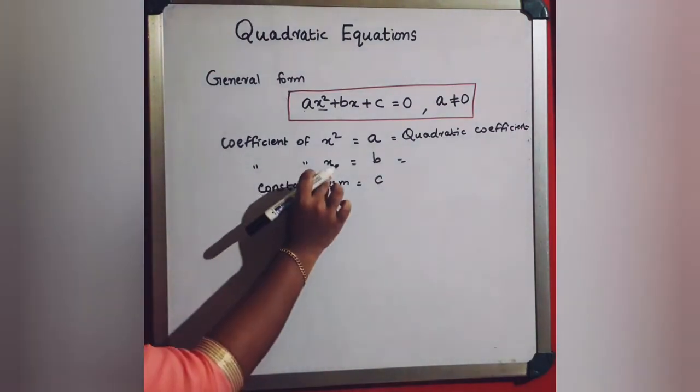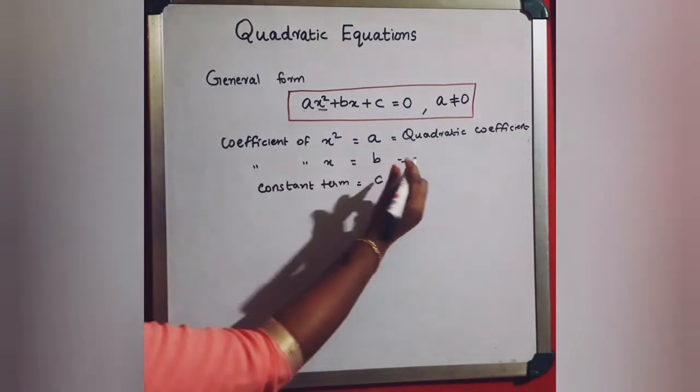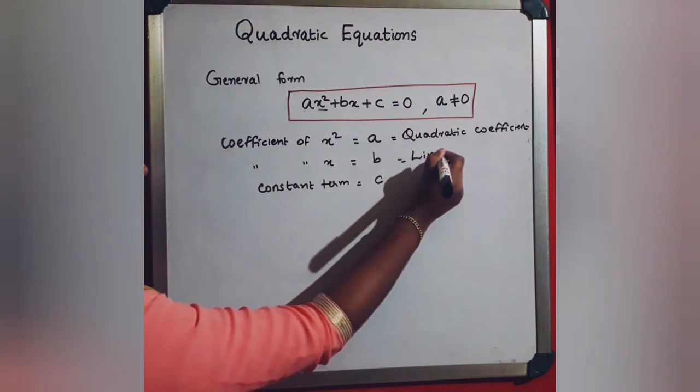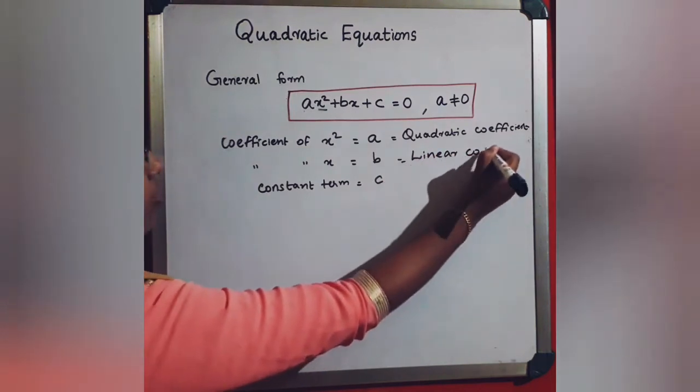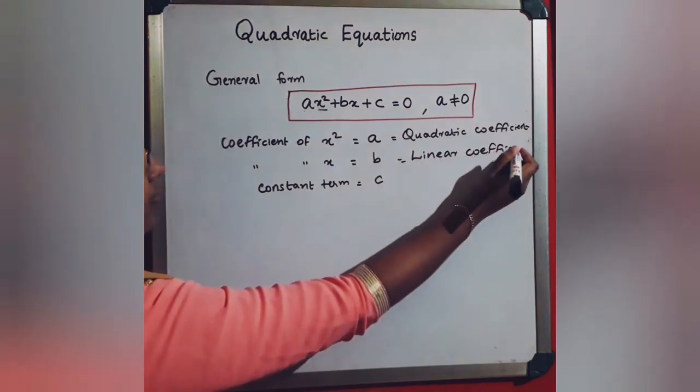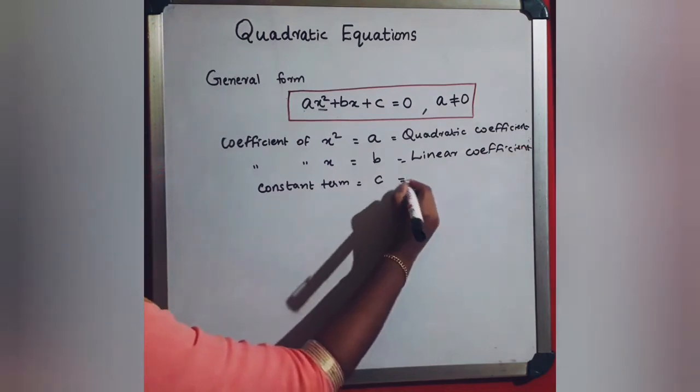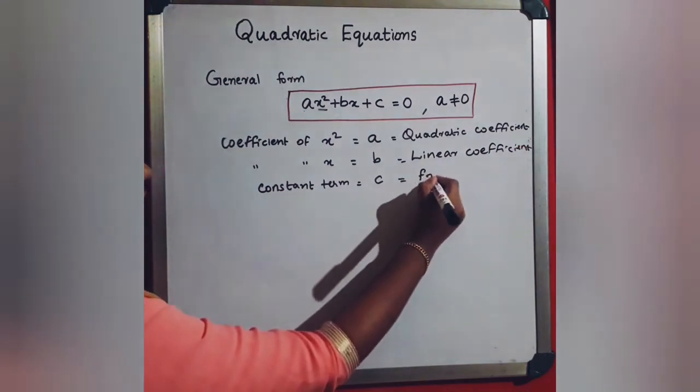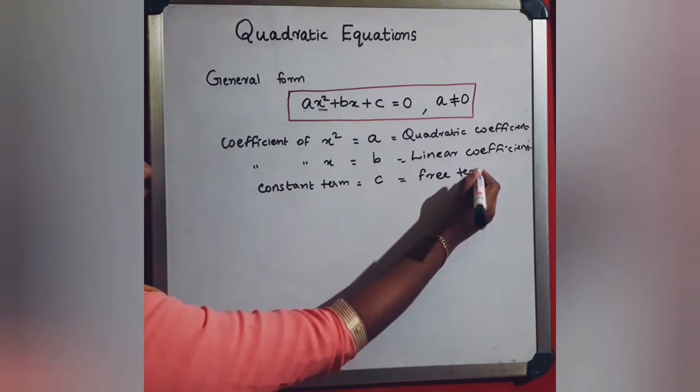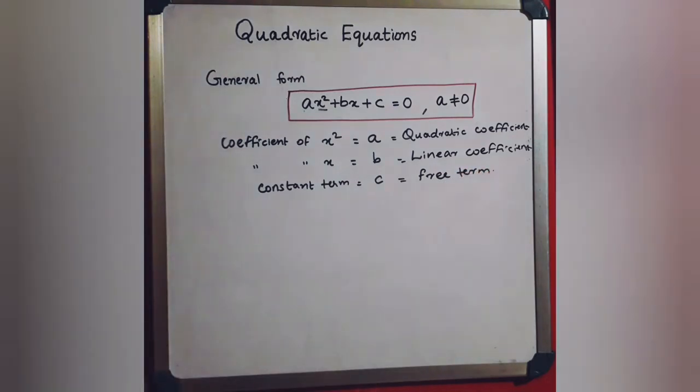The coefficient of x is also known as the linear coefficient. The constant term is known as the free term. So for a quadratic equation, the quadratic coefficient means the coefficient of x square, the linear coefficient means the coefficient of x, and the constant term means the free term.